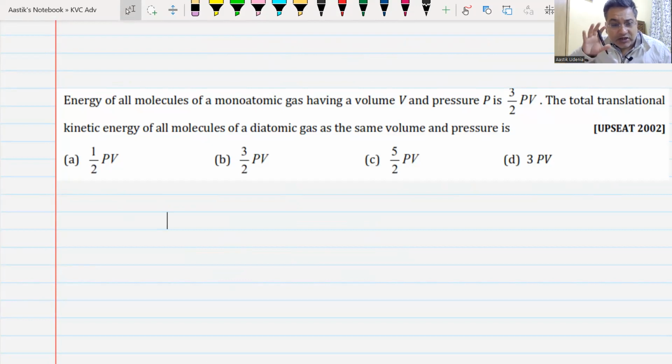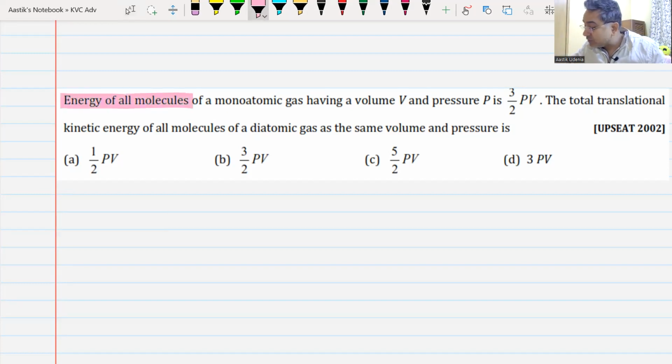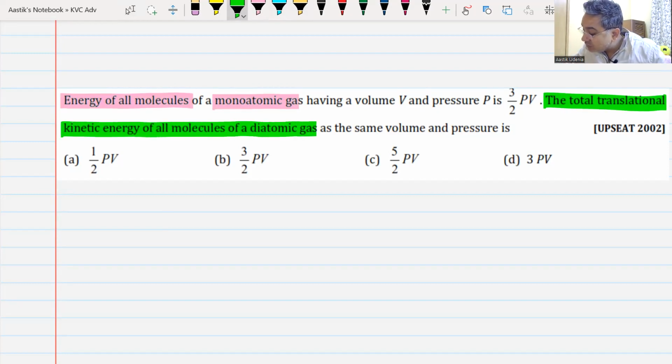The total translational kinetic energy of all molecules of a diatomic gas at the same pressure and same volume is how much? Remember, here the total energy of all molecules of a monatomic gas is there. Here, the total translational kinetic energy of all molecules of a diatomic gas. I'll give you 2 minutes to give me the answer for this one.